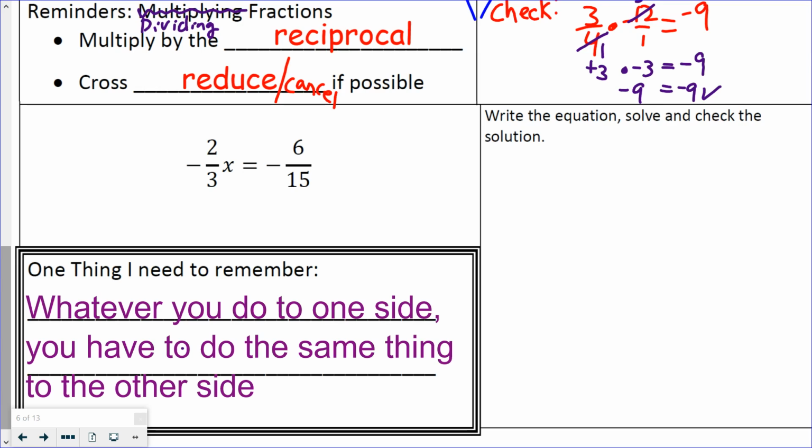Okay. All right. So we're going to do this negative 2/3 x equals a negative 16/15. Okay. Remember, if you have a fraction coefficient, you're multiplying by the reciprocal.